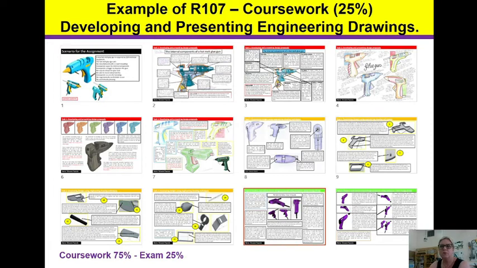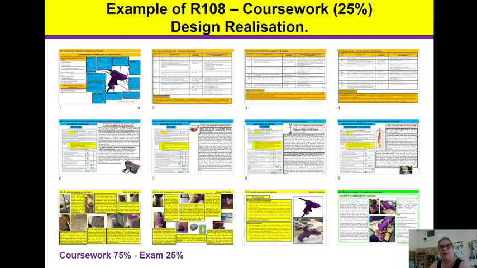Generally students submit approximately 15 to 20 slides of work for this particular unit. And moving on to the R108, similar content quantity is 15 to 20 slides of work for this particular unit as well. And this one is about design realisation and the modelling of the prototype.